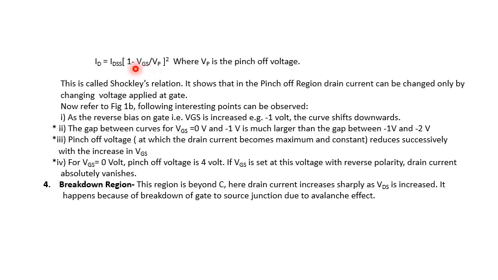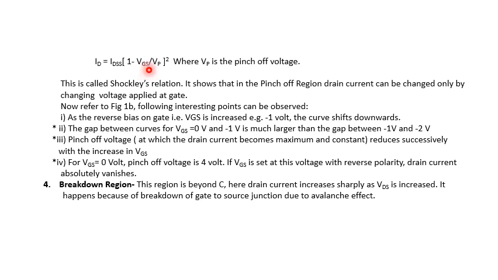So in the saturation region, the drain current does not depend upon VDS, but it depends upon VGS. That is, if we have to vary the drain current, then we have to increase or decrease the gate source voltage or the input voltage.